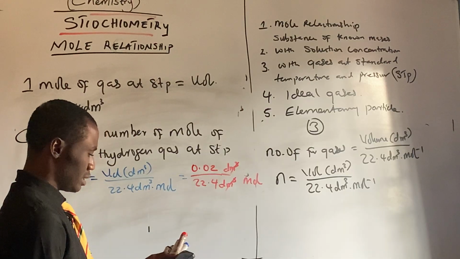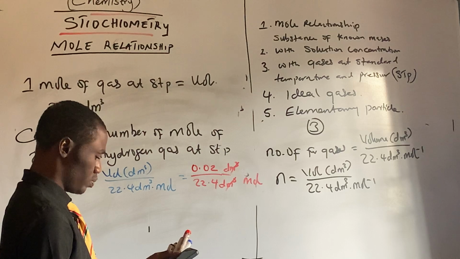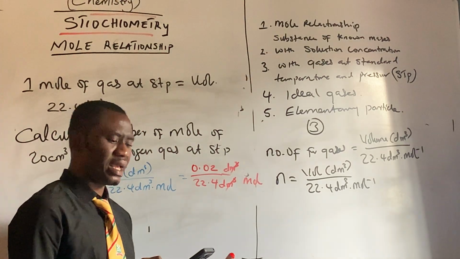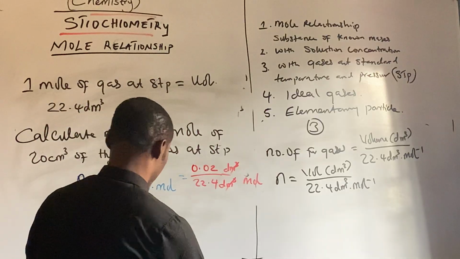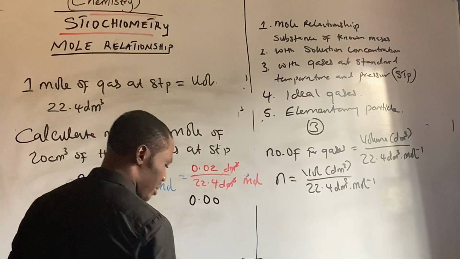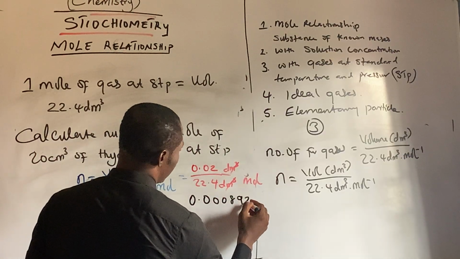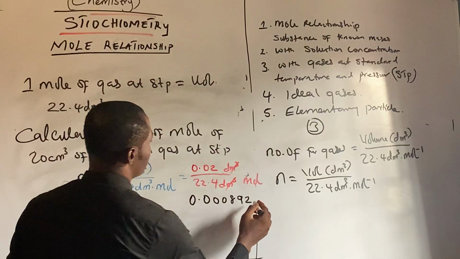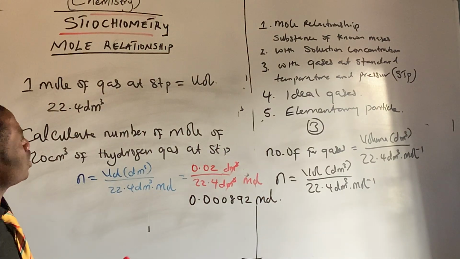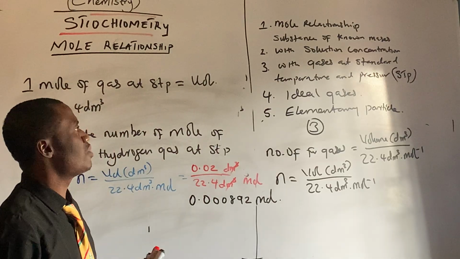Let's divide 0.02 by 22.4, as we have 0.00892. How many zeros now? 3. 0.00892, yeah, correct. Moles.